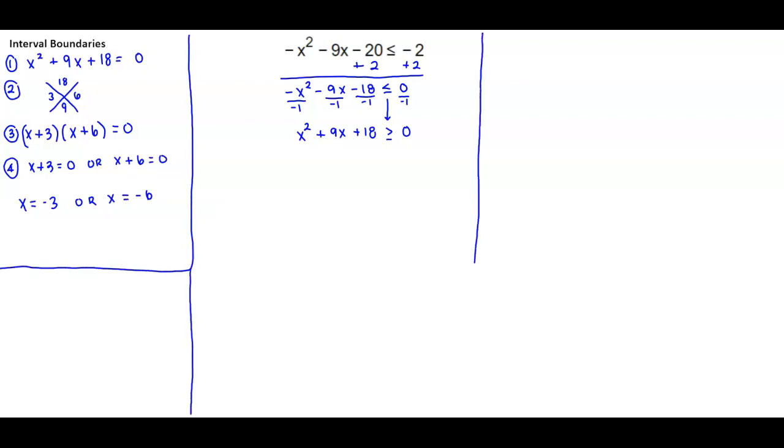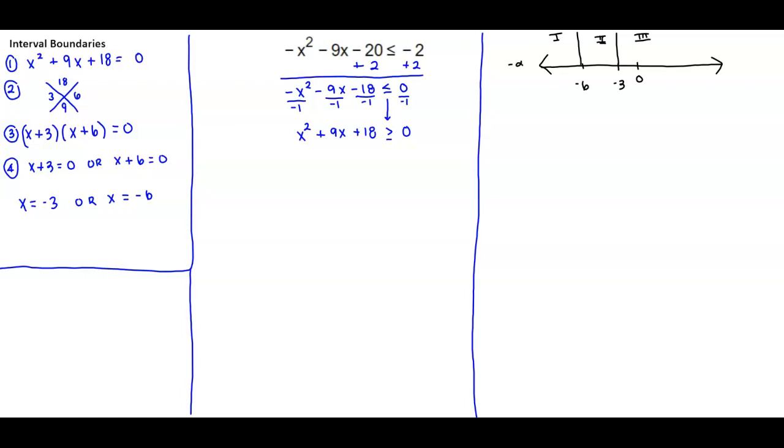Now we're going to draw our number line to determine what our intervals are. So we know that we have negative 6, and then we have negative 3. And so there's interval 1, interval 2, and then interval 3.